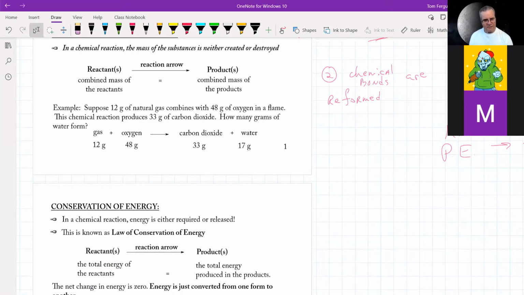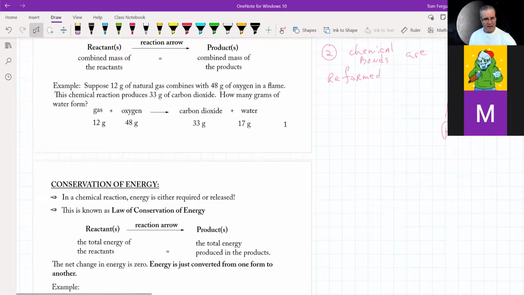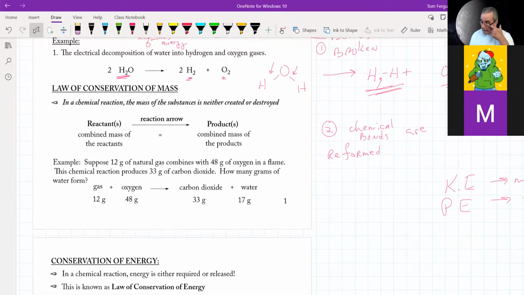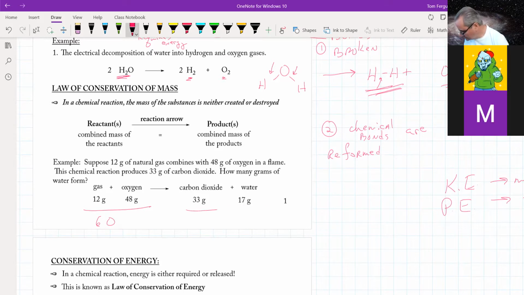Okay, so we talked about conservation of energy. The other conservation law is conservation of mass. So if we start with 10 grams, we're going to do a reaction, assuming the products are more stable, and we're going to end up with 10 grams. What is wrong with this?